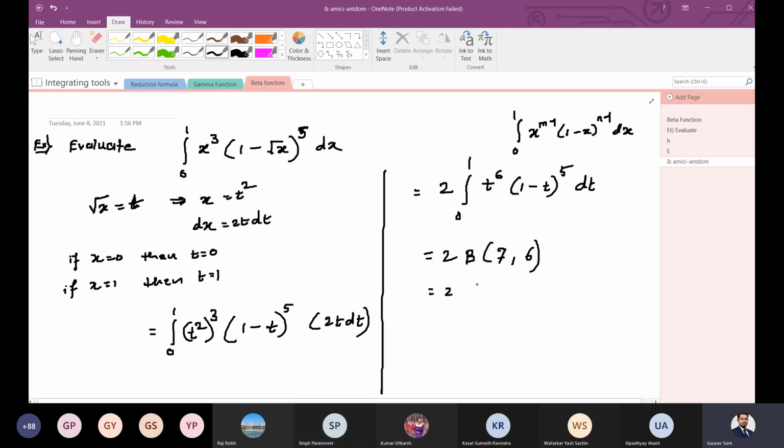So this is 2 times gamma of 7 gamma of 6 upon gamma of 13. You can do the further simplification, which is 6 factorial, 5 factorial upon 12 factorial. So cancel out the common terms. That is the way you can get the final answer.